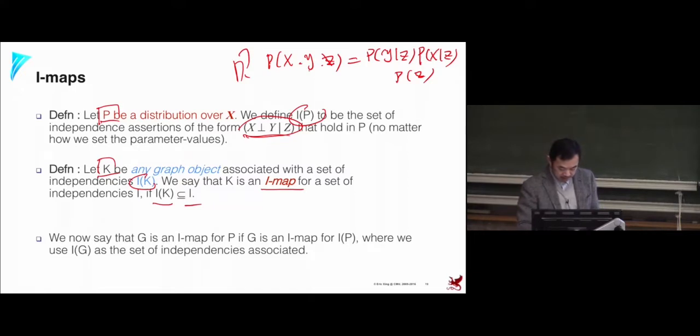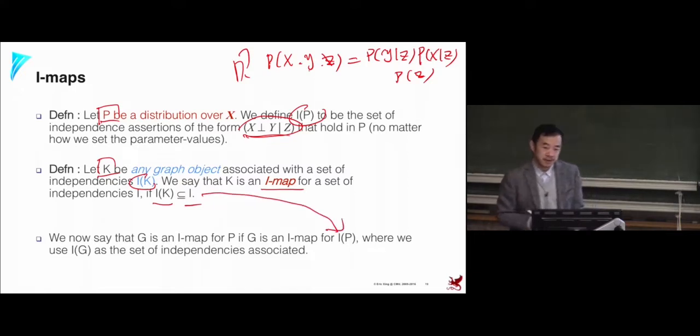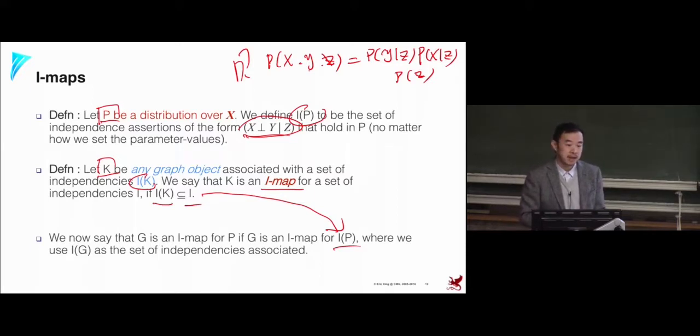Let's call it I(P), the imaginary set of independencies coming from a distribution. If this graph K defines an I(K) that is a subset of I(P), then we establish a relationship between a graph and a distribution: K is an I-map of P.